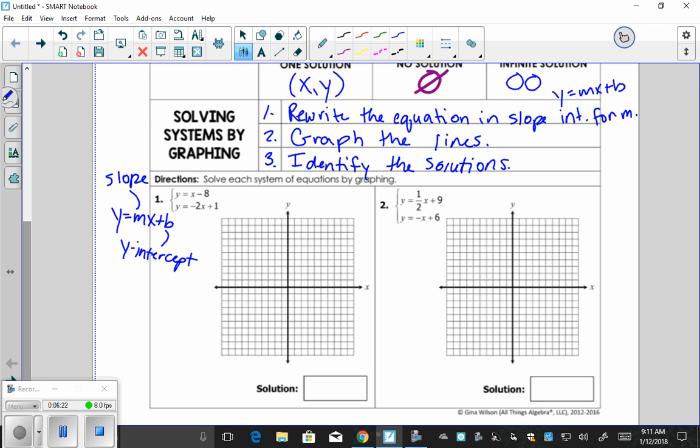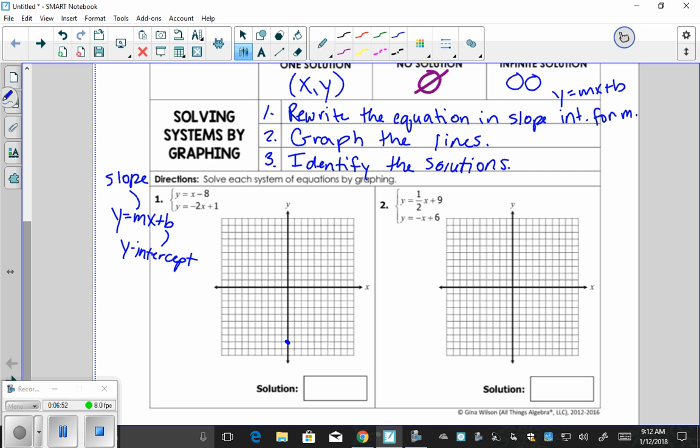So problem 1, I have y equals x minus 8. What is my y-intercept? Negative 8. So I'm going to put a point at negative 8 on my graph. What's my slope? 1 over 1. What does 1 over 1 mean?